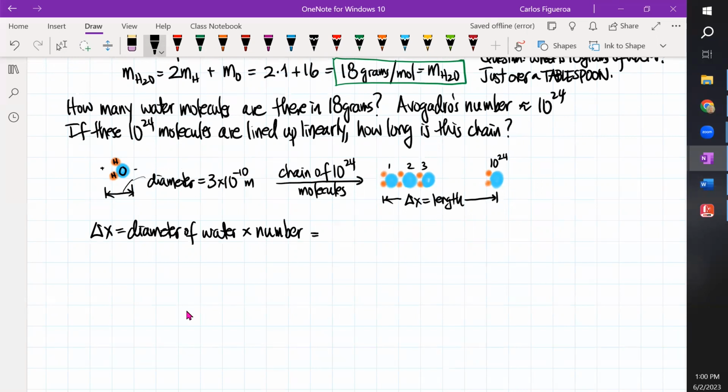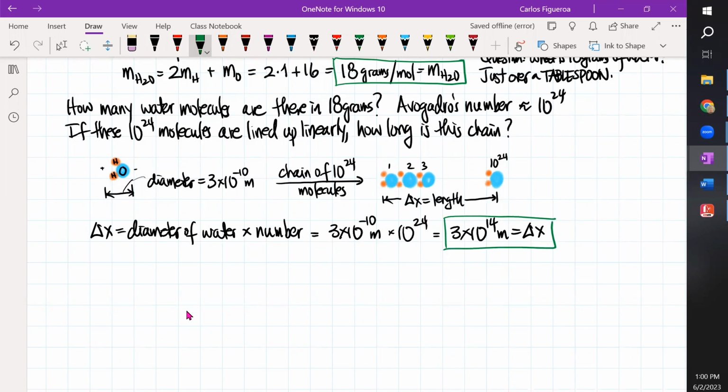We already know that this is 3 times 10 to the minus 10 times 10 to the 24, which gives us 3 times 10 to the 14 meters. That is the distance, or the length of this chain of water molecules.